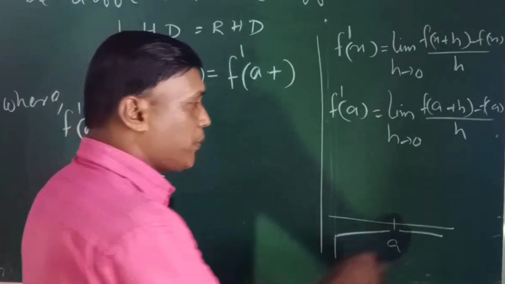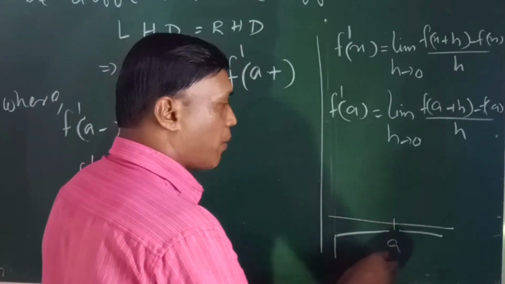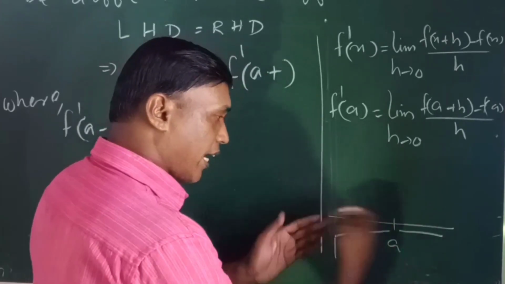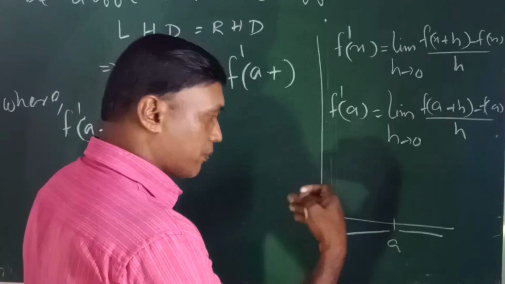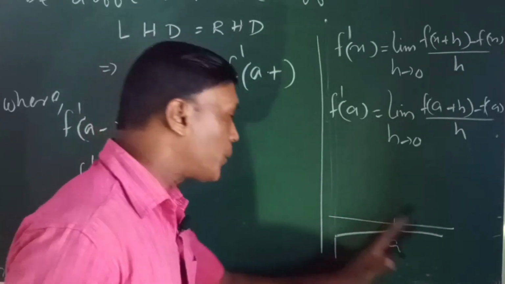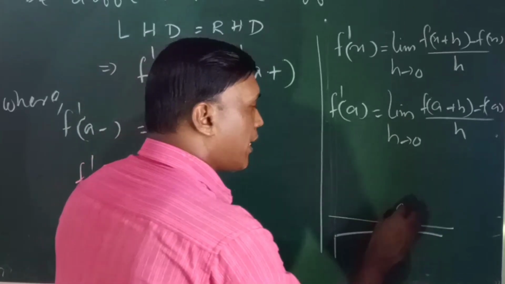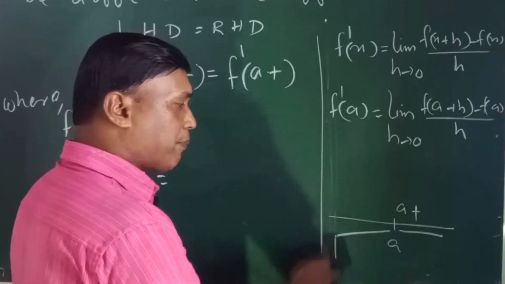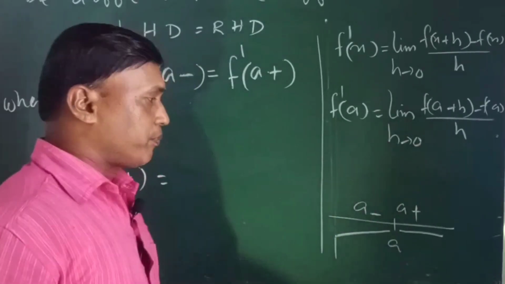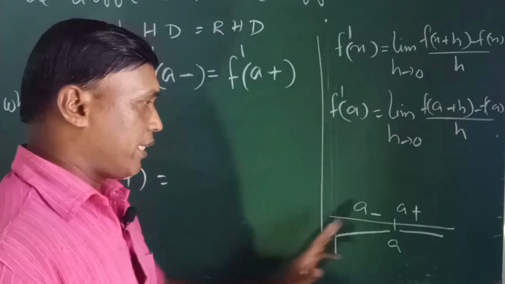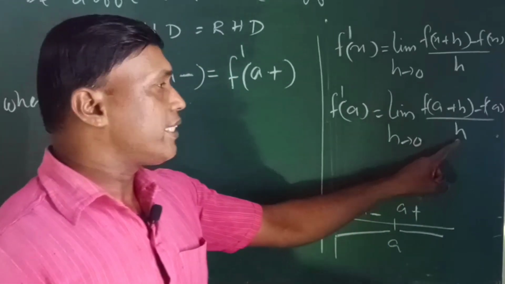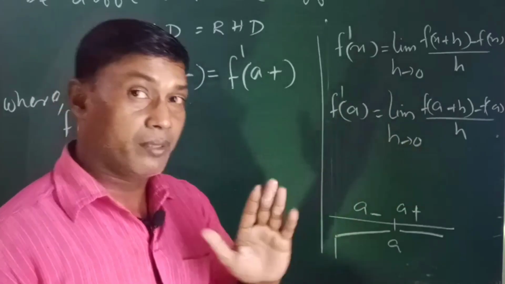So if we want to find any number right to a, we have to take a plus, and any number left to a is a minus. So a plus something, a minus something. A plus something is the right hand limit, a minus something is the left hand limit. Here h is the increment. Very important.